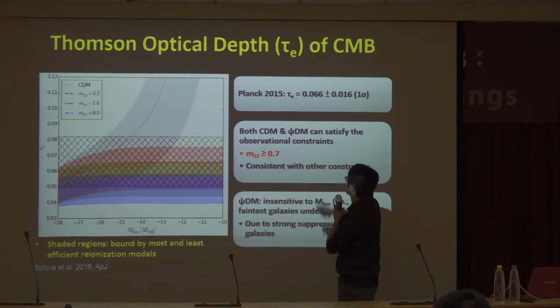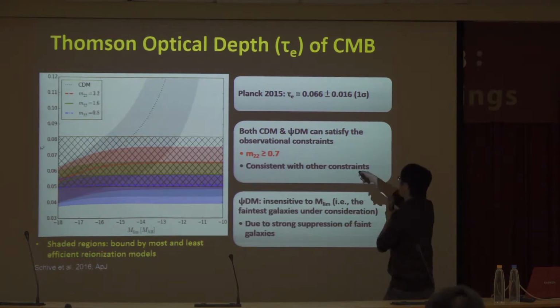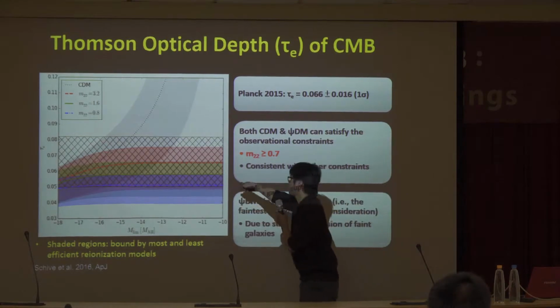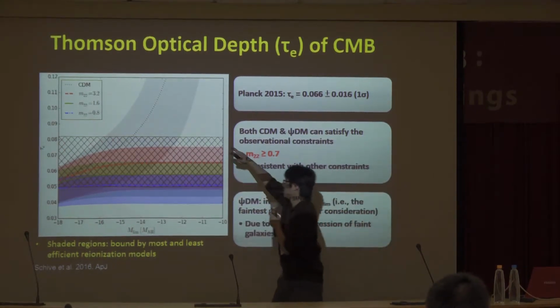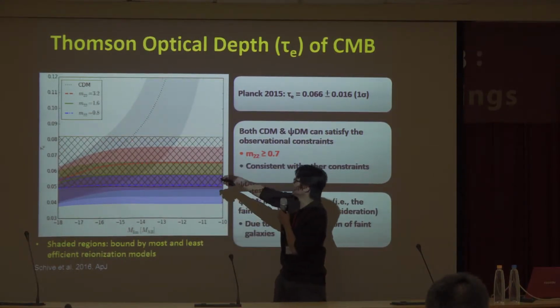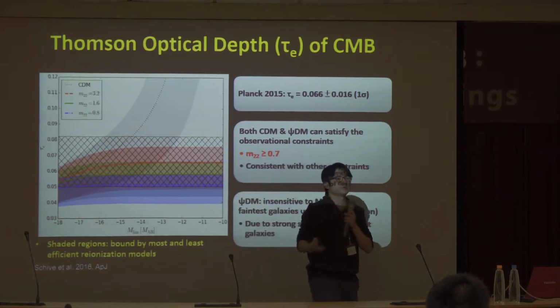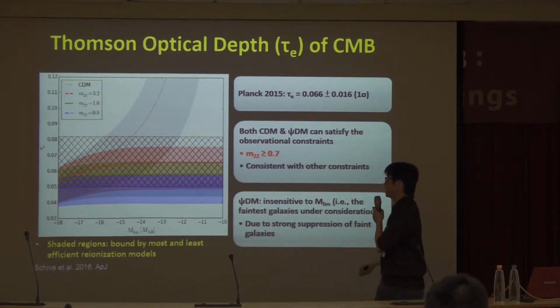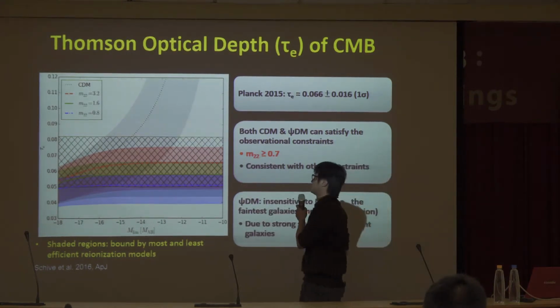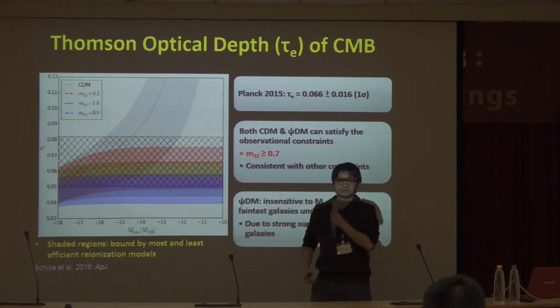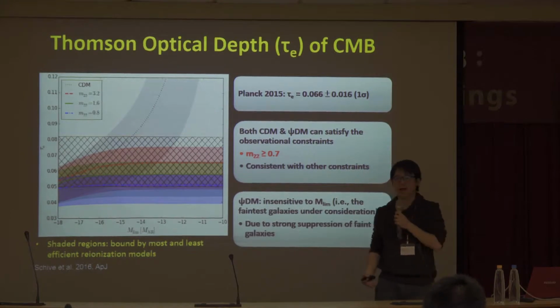Now, the Planck observation in 2015 observed an optical depth of about 0.07, which is indicated by this cross-hatched region. So this region is the observation. Now, this is the CDM prediction. The red, green and blue lines are the CDM predictions. You can see that CDM predicts a larger optical depth because it predicts many small galaxies.